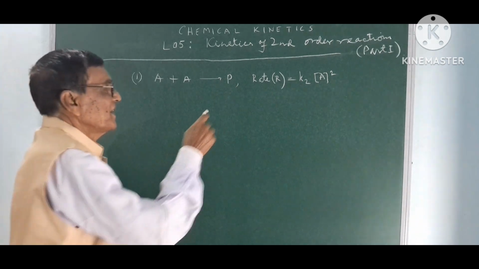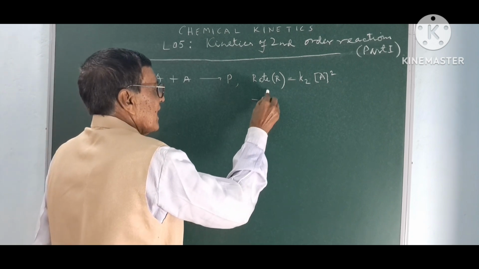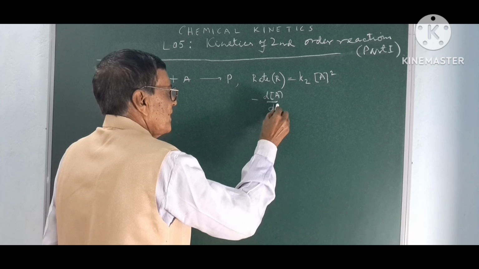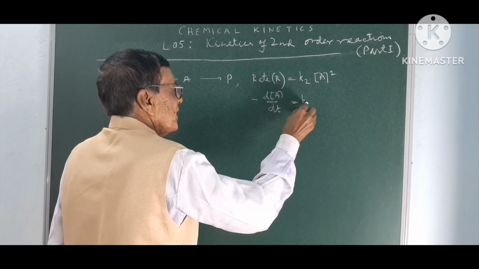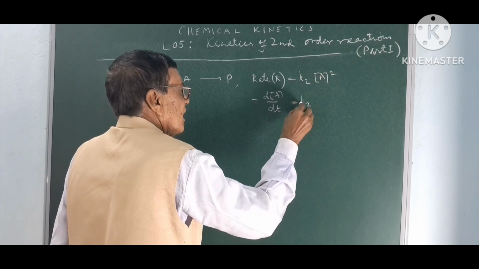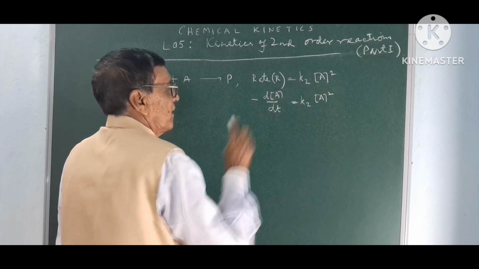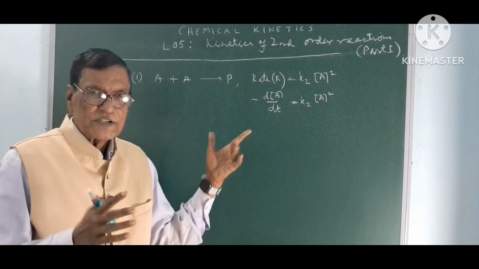and this rate may be represented as minus dCA by dt equal to K2 times the concentration of A squared. K2 is the rate constant of the reaction.